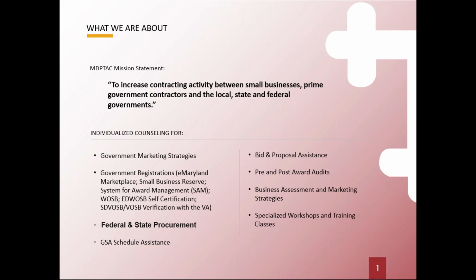Maryland PTAC provides individualized counseling for government marketing strategies, government registrations such as eMaryland Marketplace, Small Business Reserve, System for Award Management, or SAM, woman-owned small business, economically disadvantaged woman-owned small business self-certification, service disabled veteran-owned small business / veteran-owned small business verification with the VA, federal and state procurement, GSA schedule assistance, bid and proposal assistance, pre and post award audits, business assessment and marketing strategies, specialized workshops and training classes.